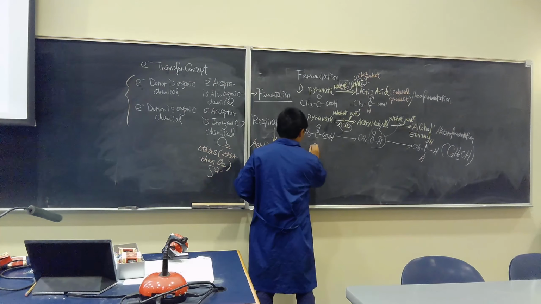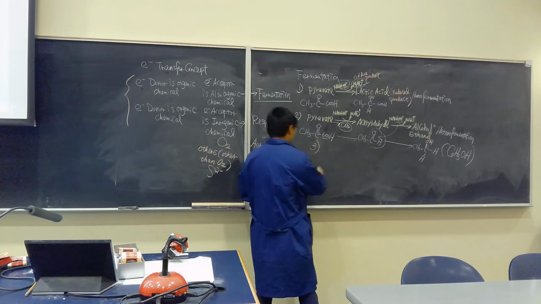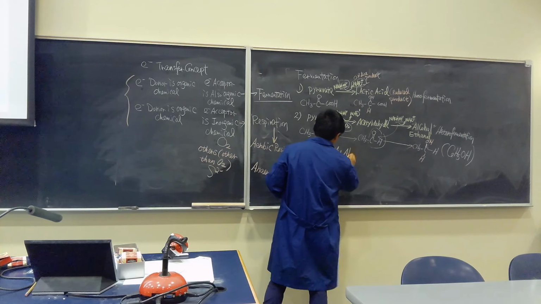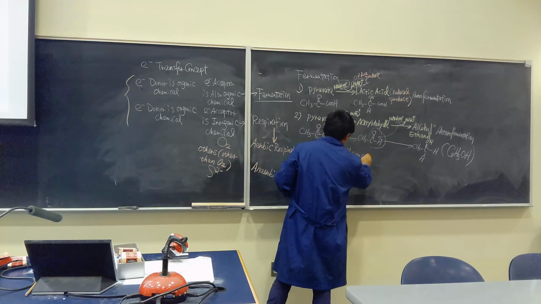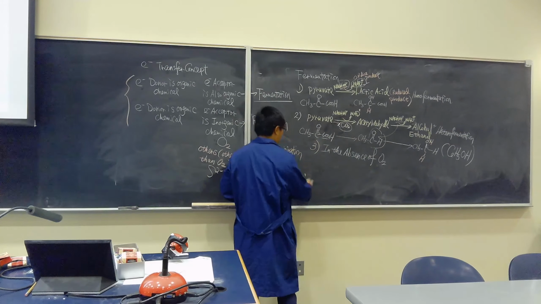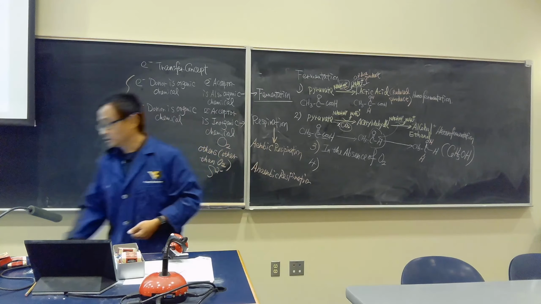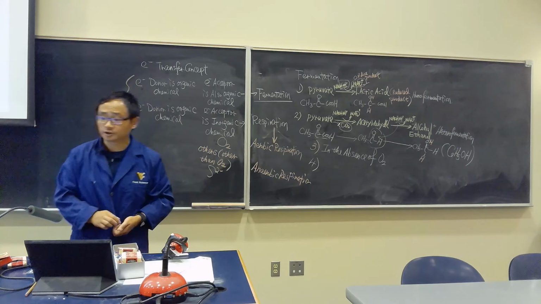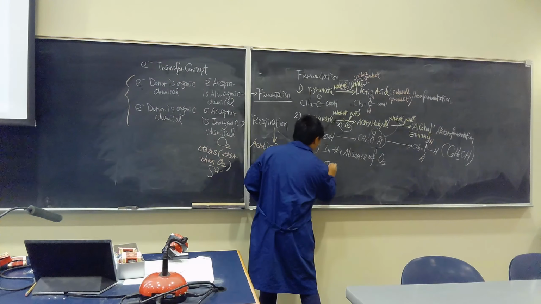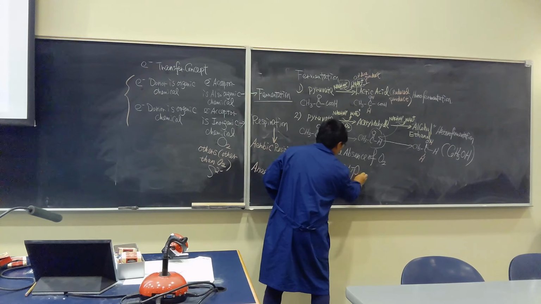Third thing to talk about fermentation. We know that fermentation we're going to do in the absence of oxygen. This is simple. Everybody knows. The last thing. How many ATP are going to be generated? Only 2 ATPs generated.